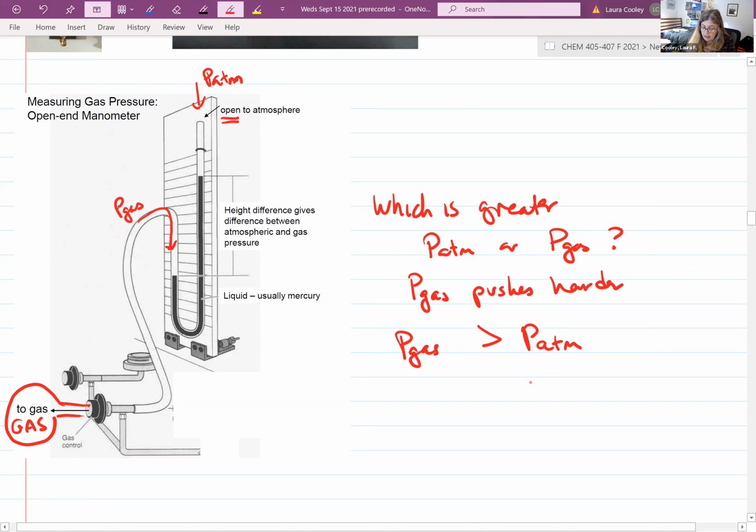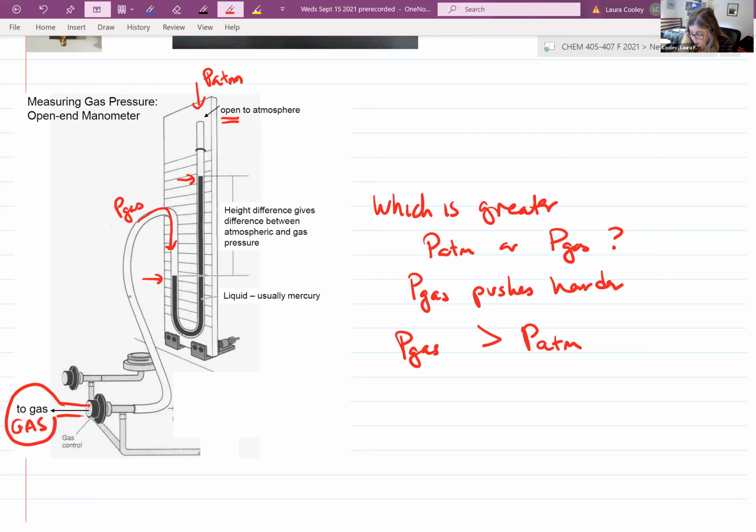And the difference between the heights in the two columns is equal to the difference in pressure between the atmosphere and the gas.